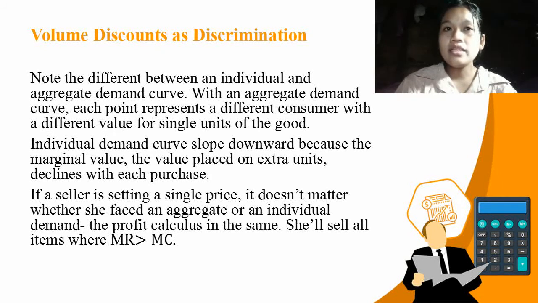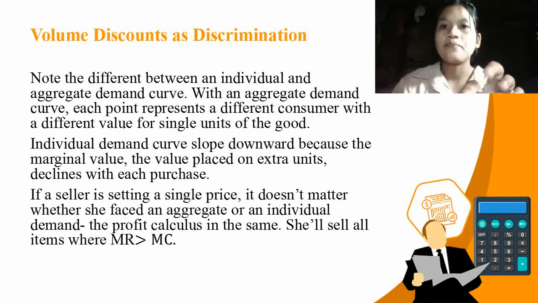With an aggregate demand curve, each point represents a different consumer with a different value for a single unit of the good. For an individual demand curve, each point represents the value that a single consumer is willing to pay for an additional unit.